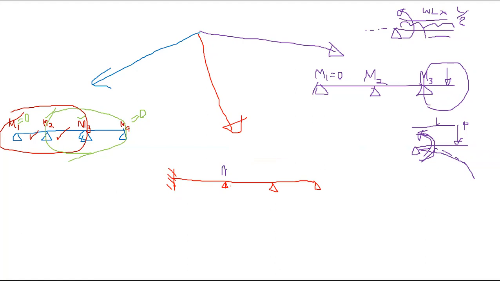Let's call this A. This is the copy of A, exactly the same length. Let's call this A dash. Let's call this O. For this span, this is an imaginary one.